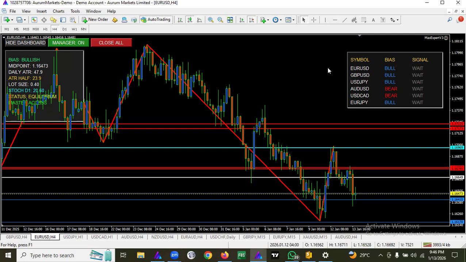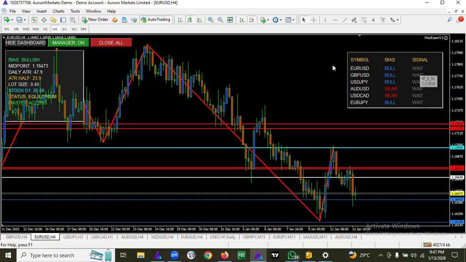So this information now, does it really mean that since it is showing us bull and on the signal side is saying wait, we have to wait until it changes to something else? Okay, it changes to, let me say, sell or buy. Yes. Why is it showing wait?